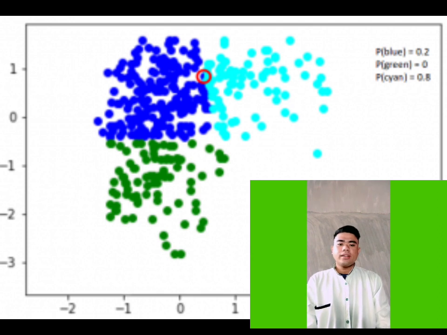Now, consider the point highlighted in the red color. The probability of the point belonging to the green cluster is 0. The probability values of that point belonging to blue and cyan are 0.2 and 0.8. We will see how the Gaussian mixture model calculates these probabilities and assigns them to the data point.